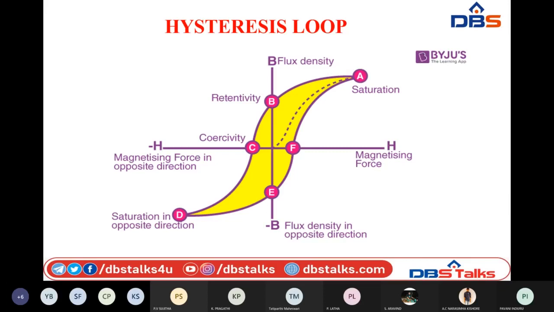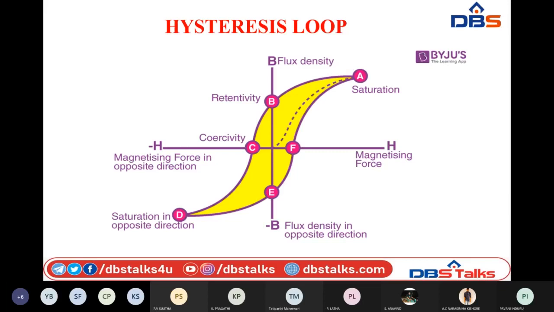If we keep reducing the magnetizing force in the negative direction, at some point C the magnetic flux density will become 0. This magnetizing force required to remove the residual magnetism present in the ferromagnetic material is known as coercive force or coercivity.